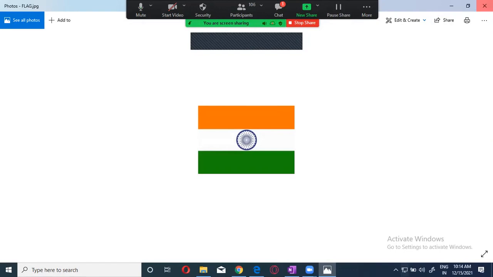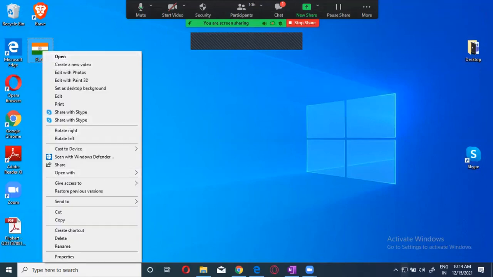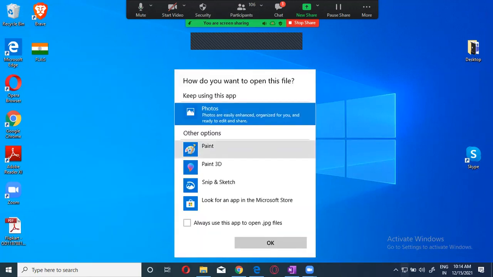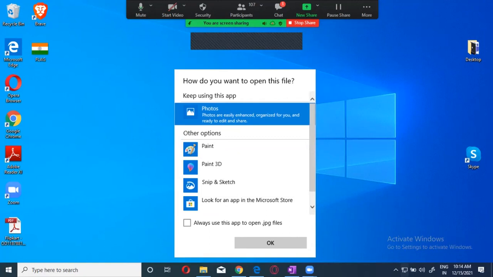Now let me show you how an image looks when I open it in a non-compatible application. Let me choose the application, more apps.